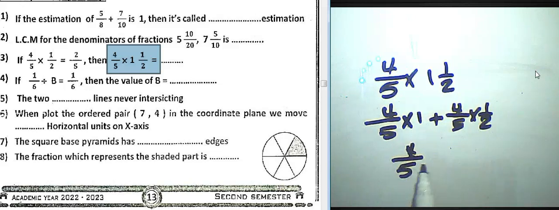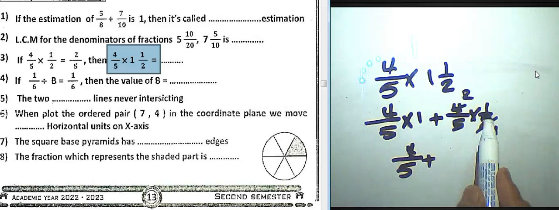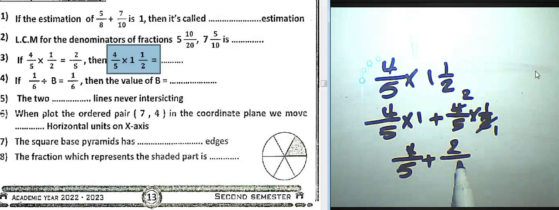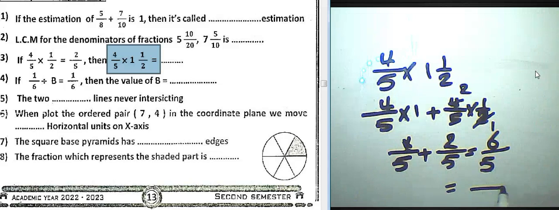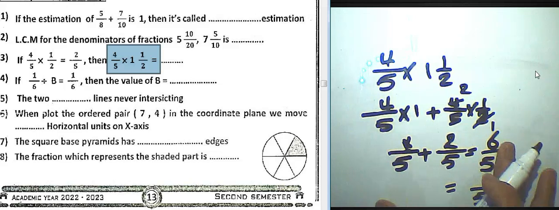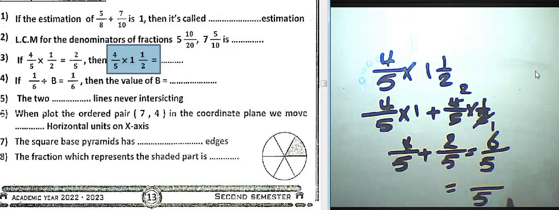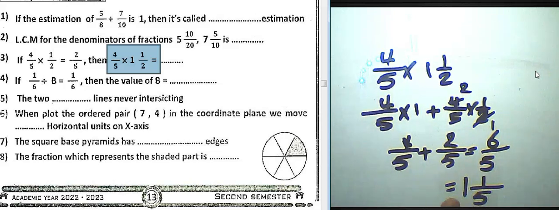The result is 4 over 5 plus 2 over 5, which is 6 over 5. We can convert 6 over 5 from an improper fraction to a mixed number. 6 divided by 5 equals 1 and the remainder 1. The result will be 1 and 1 over 5.